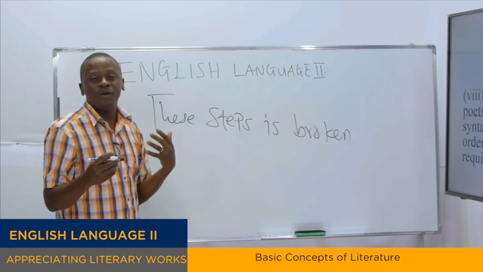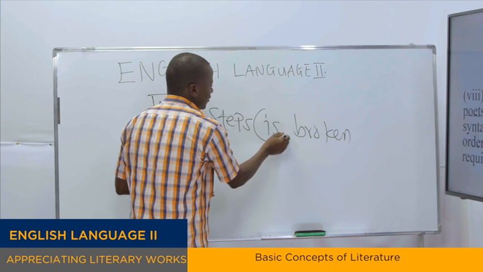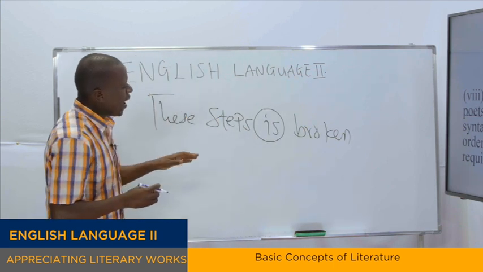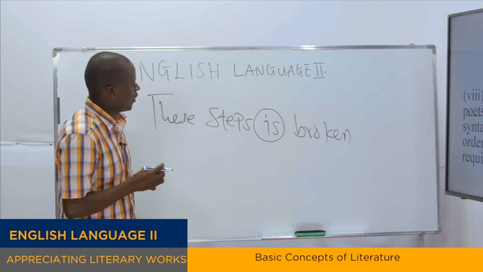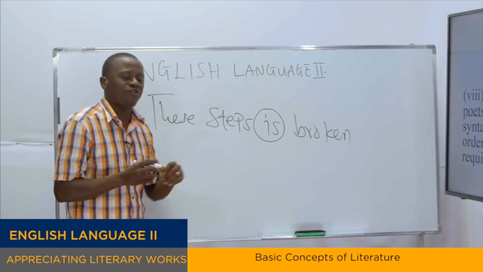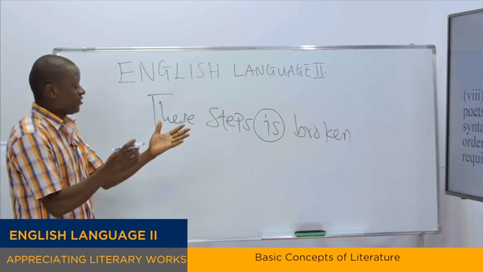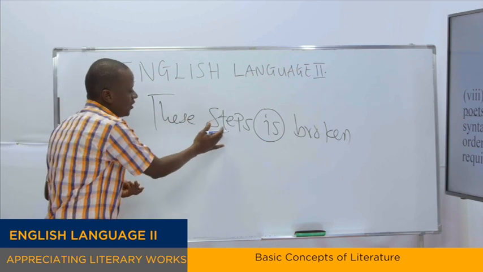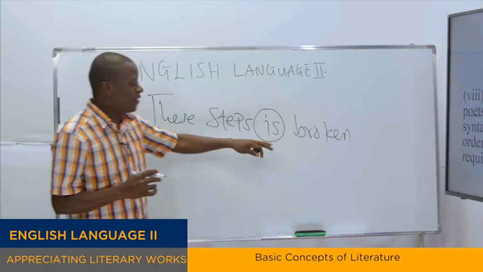I believe you tell me, sir, the word is here sounds weird, does not comply with the rules and principles which govern the language. But here, the poet is now composing the poem, and this is his first verse. Say, these steps is broken.